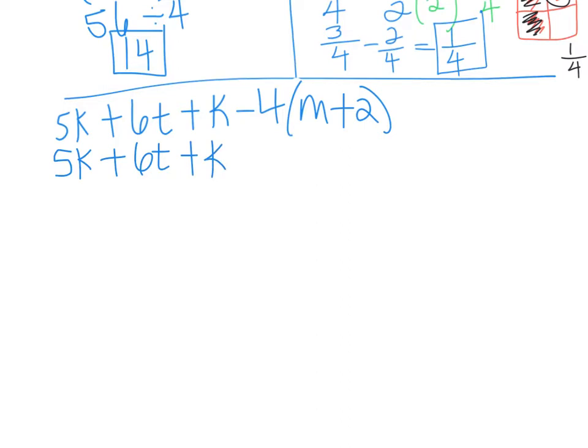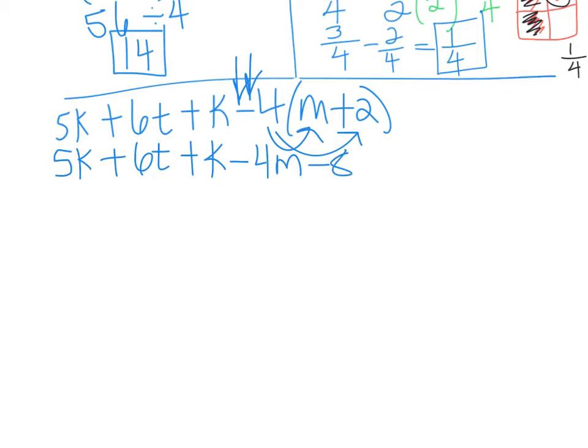And then I need to distribute out this -4 to each term in the parentheses. Make sure you pay attention that it's negative, okay? Pay attention to your signs. So -4 times m is -4m. And then -4 times +2 is -8.